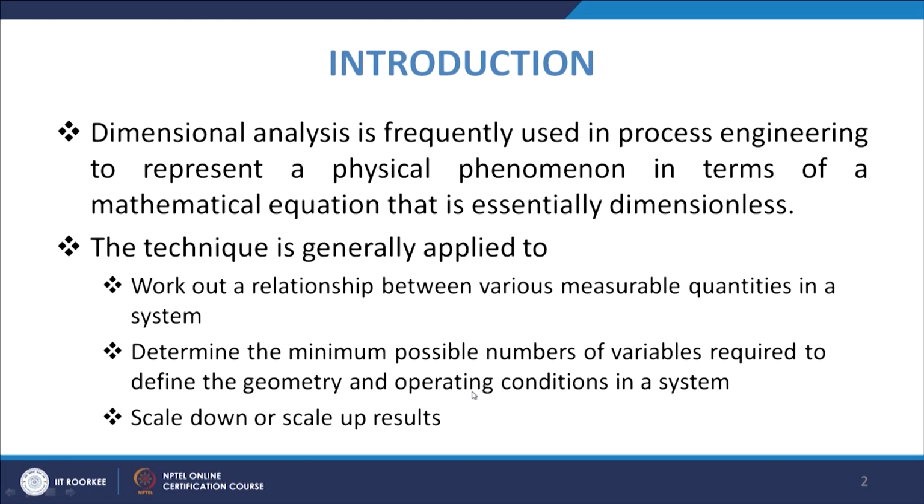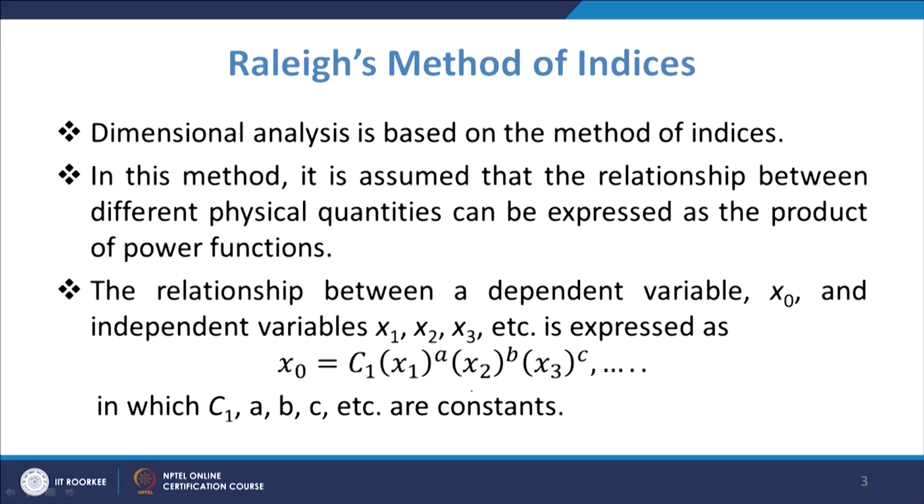So, the first method used for such an approach is Rayleigh's method of indices. Now, Rayleigh's method of indices says that the dimensional analysis will be based on the method of indices. The relationship between different physical quantities can be expressed as the product of power functions.